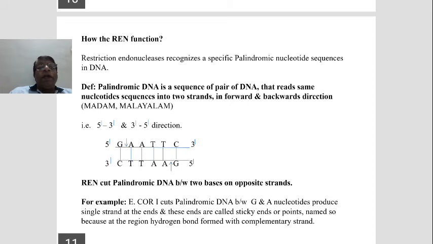So, the very important point is the restriction endonuclease enzyme EcoRI cuts between G and A nucleotides of palindromic DNA. Okay, this is how it cuts the DNA molecule.